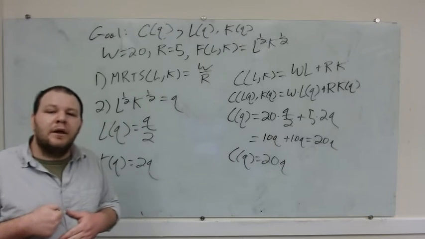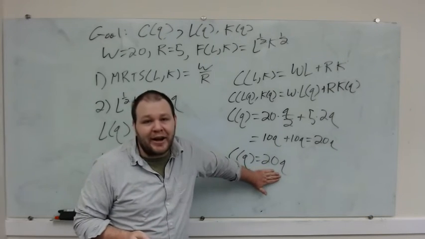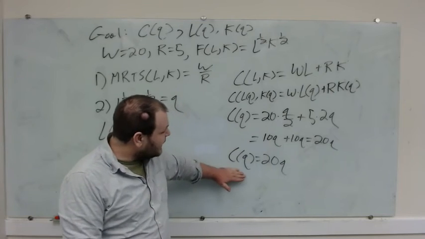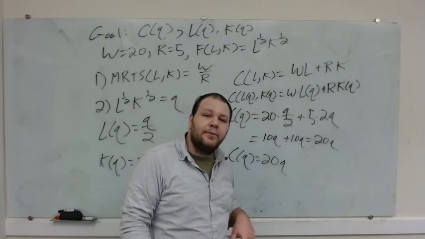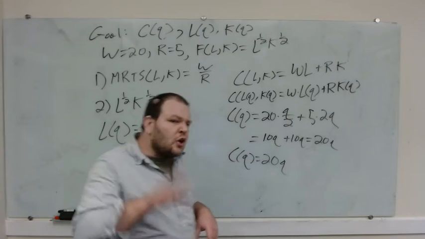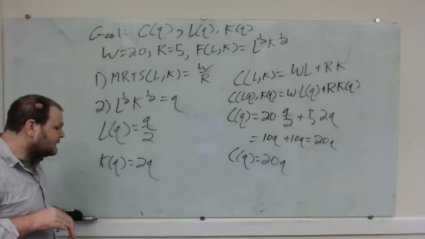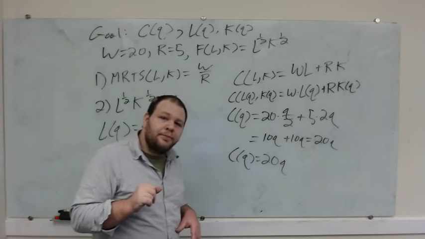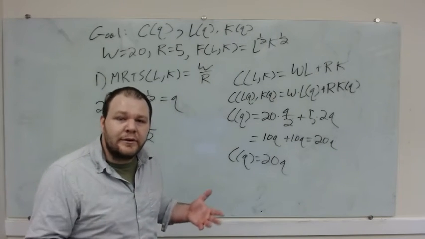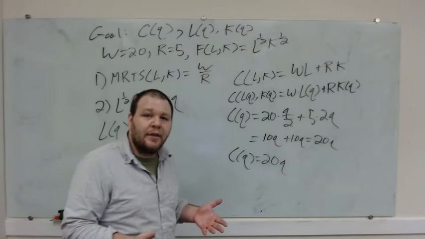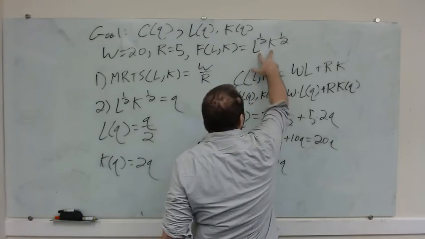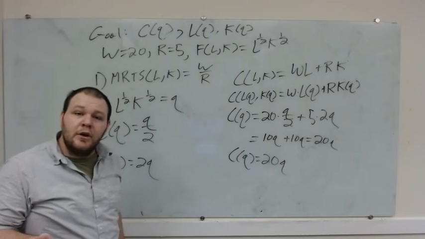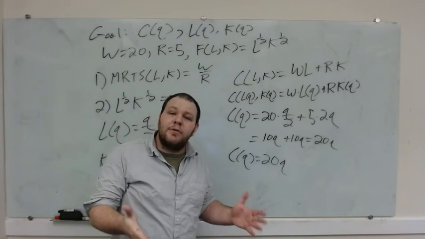Cool. Now, there's something I want you to notice about our answer. The cost of Q tons of potatoes is 20 times Q. So if you remember, when we talked on Tuesday, we talked about increasing returns to scale and decreasing returns to scale. And we used a production function that looks a whole lot like this. In fact, it might have actually been this production function to illustrate the idea of diminishing returns to scale.